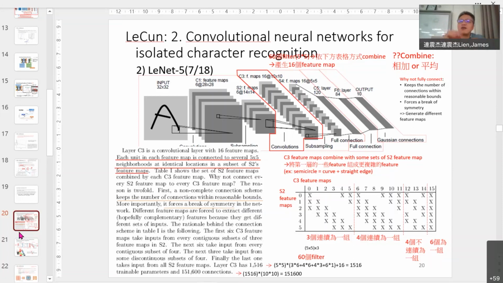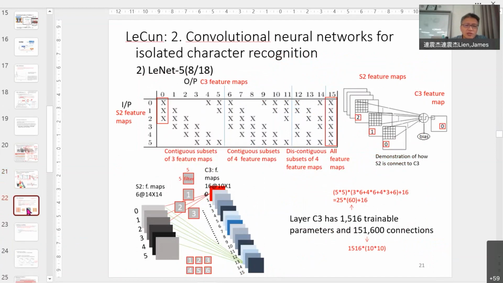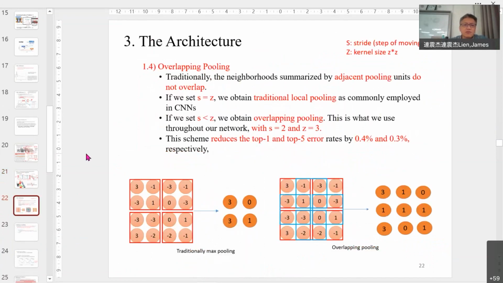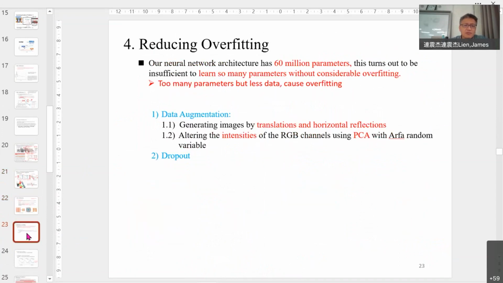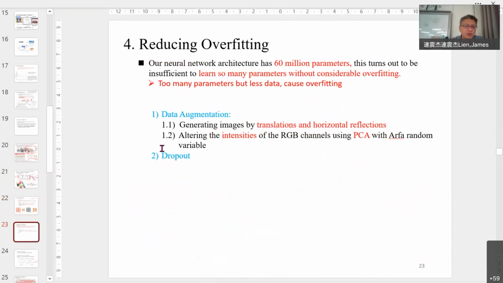OK, I mentioned this before, so we skip it. And next, we will try to talk about overfitting problems. What is the overfitting problem? It's because you have a large number of parameters, but your data are not big enough.